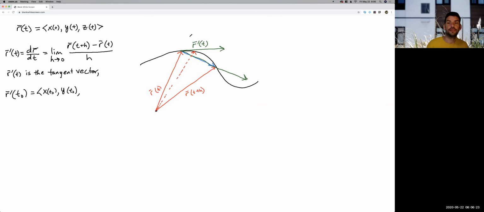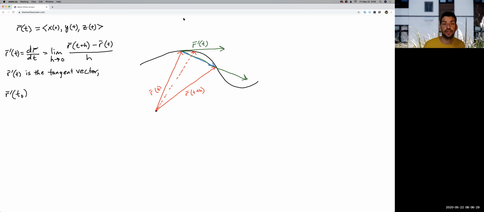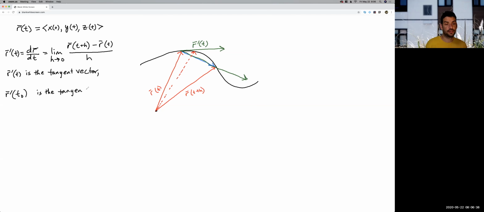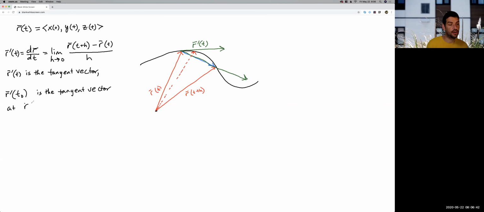Oh, sorry, we haven't gotten that far yet. So r prime of t naught is going to be a tangent vector. I wanted to say, sorry, r prime of t naught is the tangent vector at r of t naught.